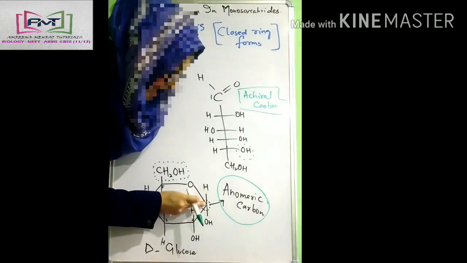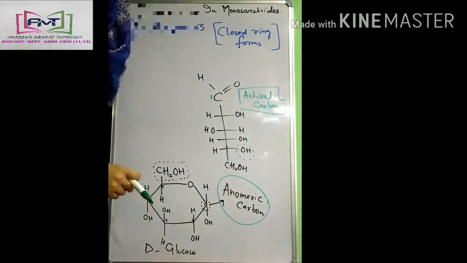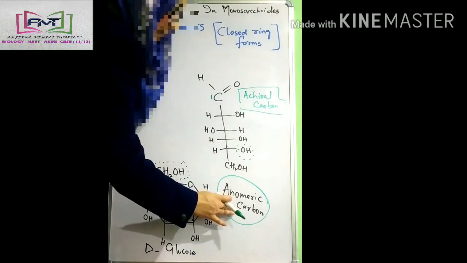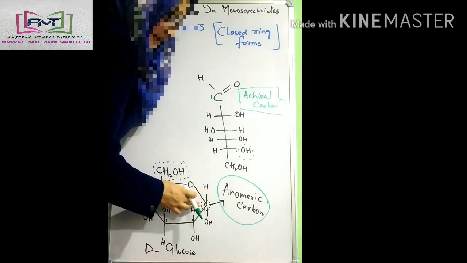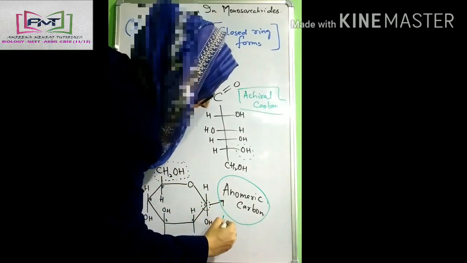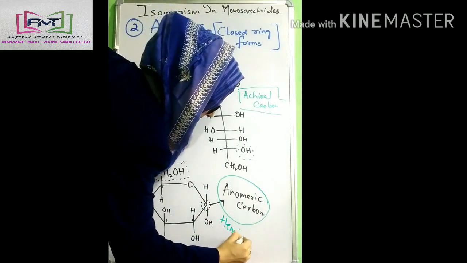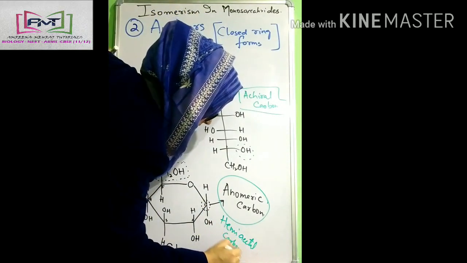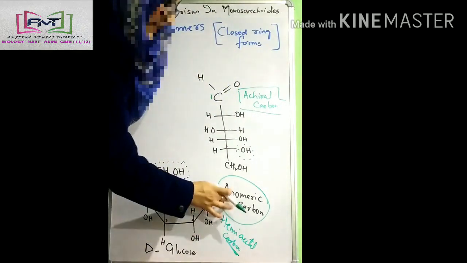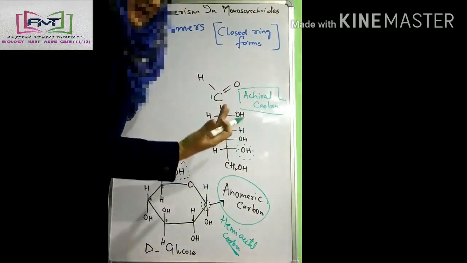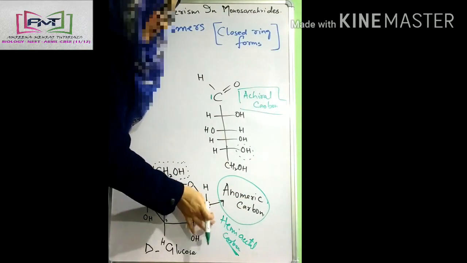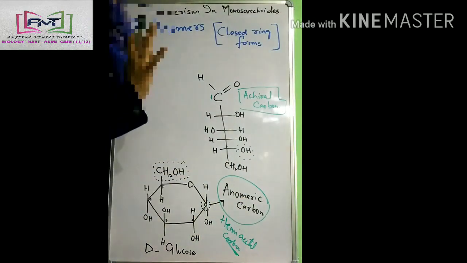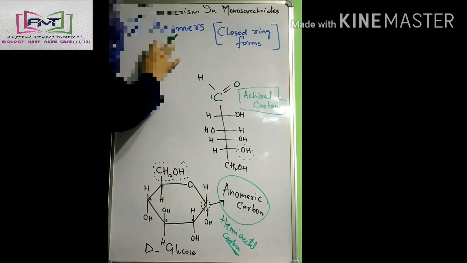We call this carbon now the anomeric carbon. So the anomeric carbon is the chiral carbon, or you can say it's the hemiacetal carbon, to remember. Now it's the hemiacetal carbon which has become chiral. You have to observe this anomeric carbon to understand about anomers.